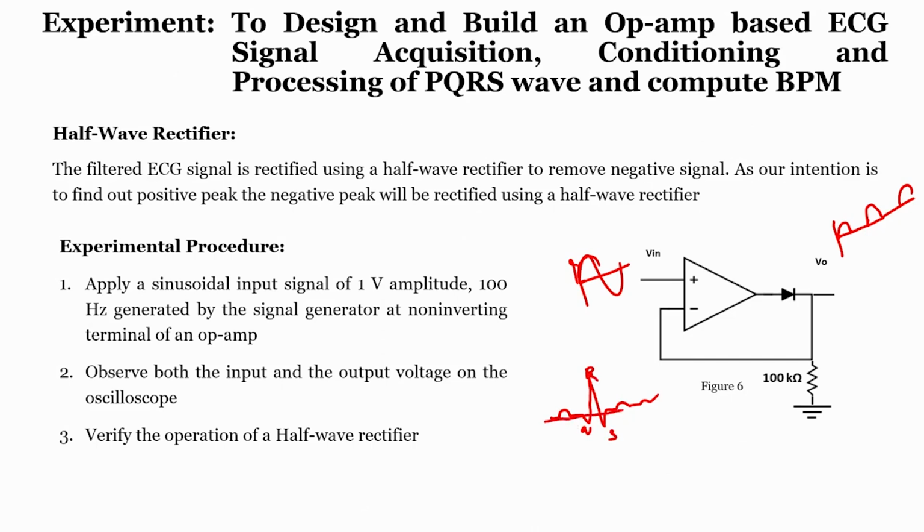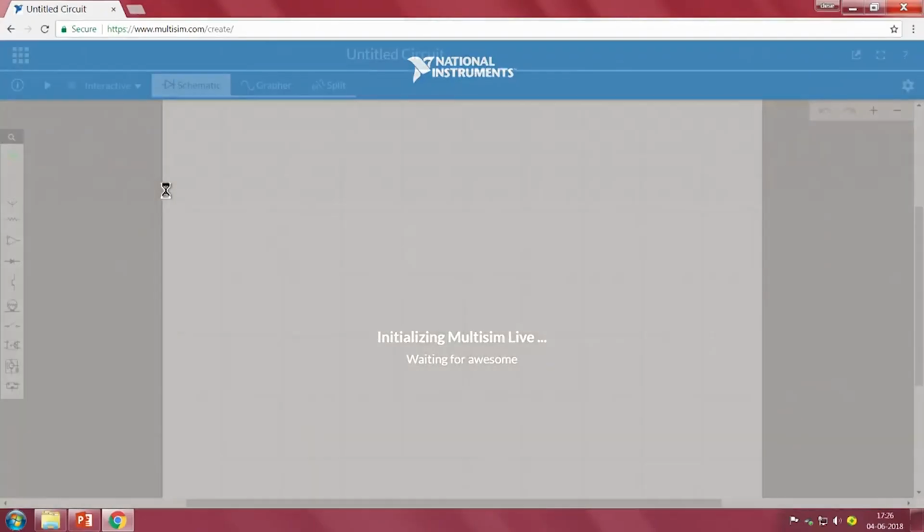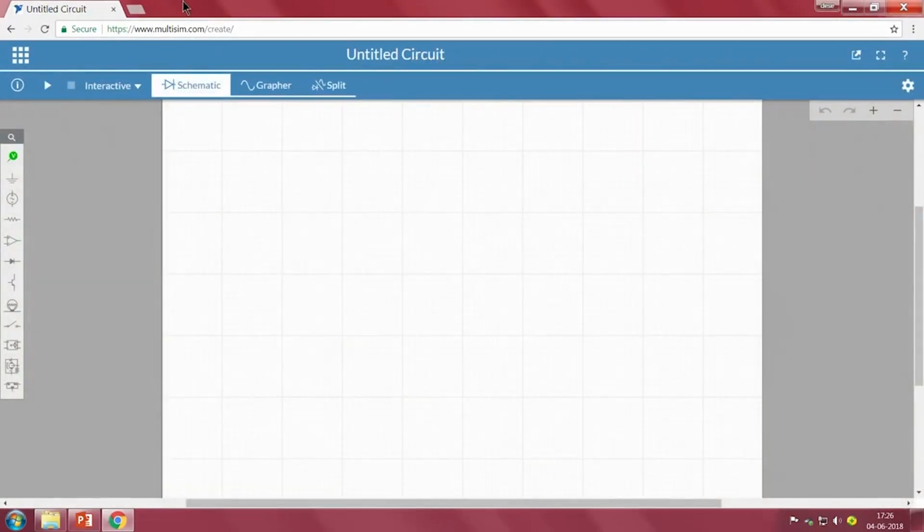So, we can remove the signals which are lower than this value. That means the negative values can be completely eliminated by using this half wave rectifier. To understand that, we will do a simulation. Now, what do we require?